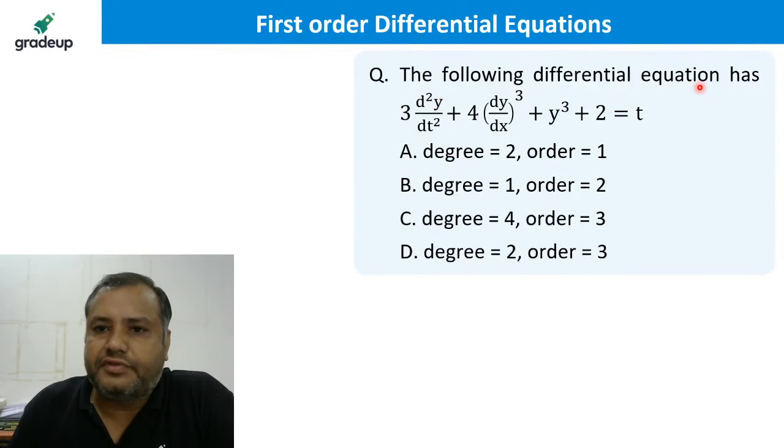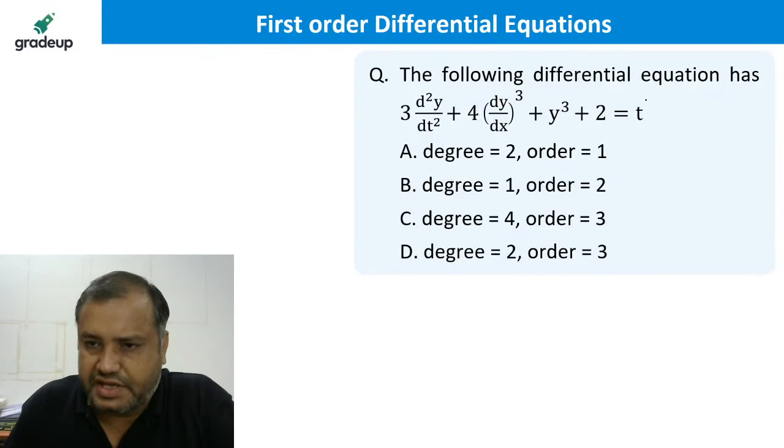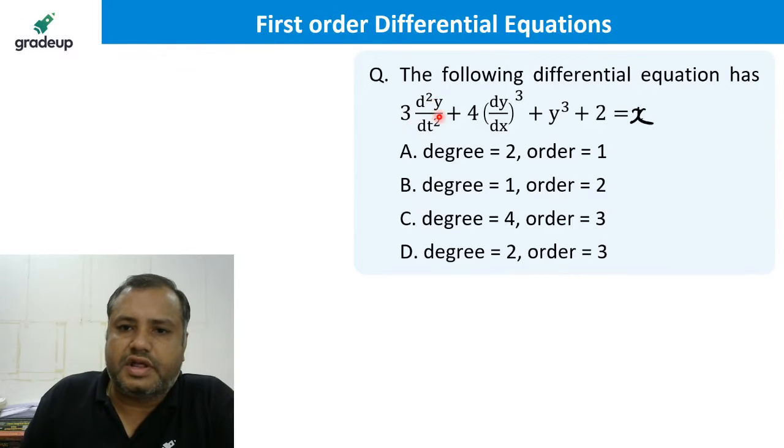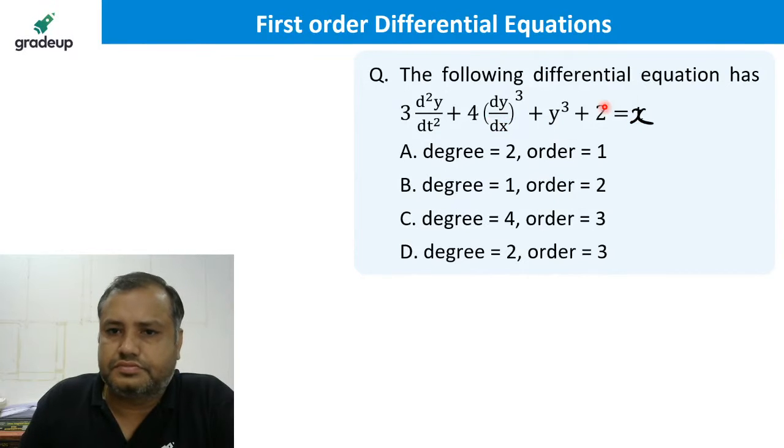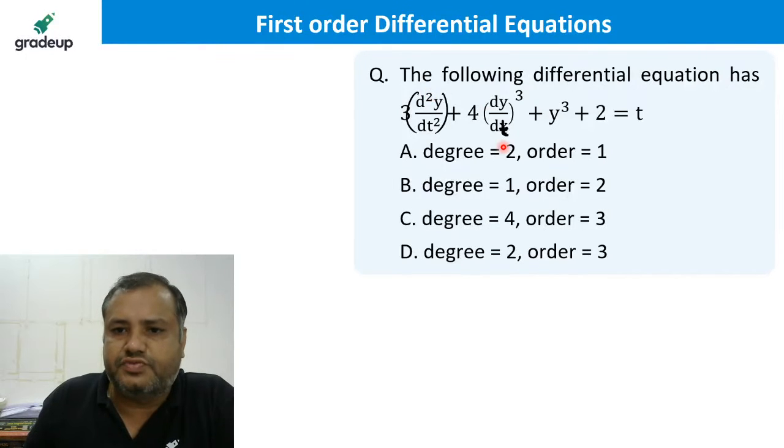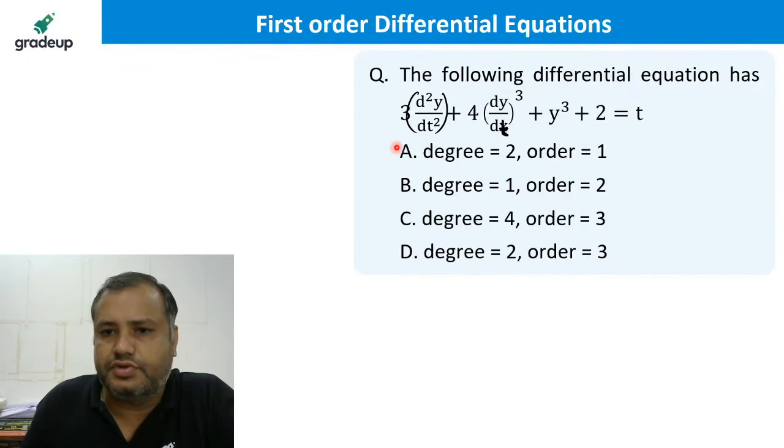The following differential equation has, you have to tell what is the degree and what is the order. So here order is 2, highest order term is this one. Order 2, degree 1.